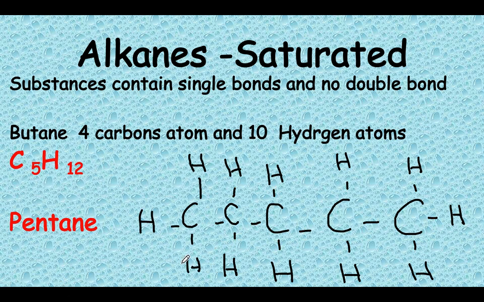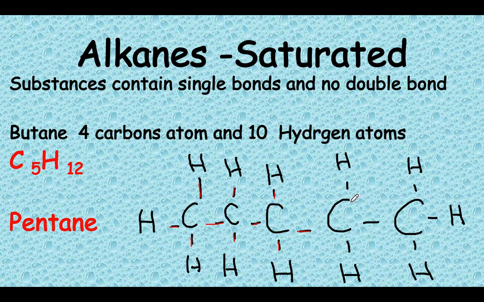We move to 5 carbon atoms. It is called pentane. Pentane is in the alkane homologous series. They are saturated compounds, no double bond, single bond as a functional group. And each carbon atom will be surrounded with 4 bonds.